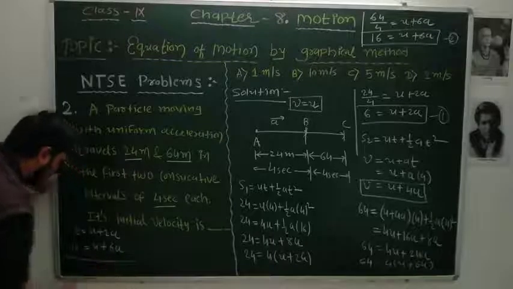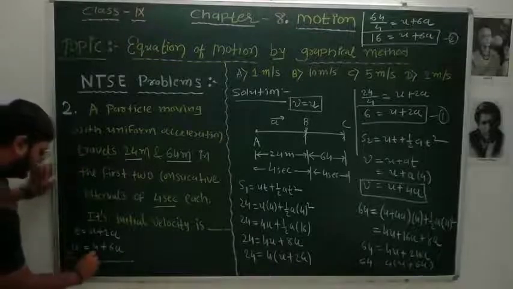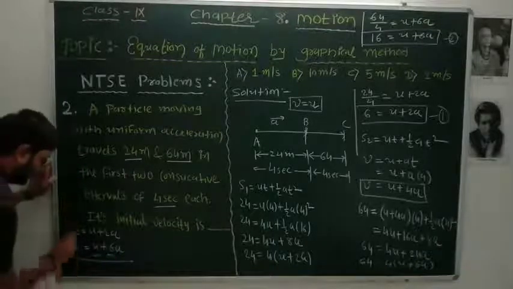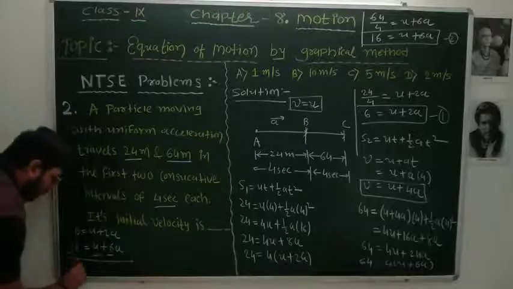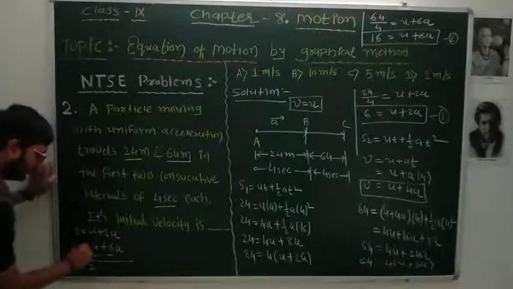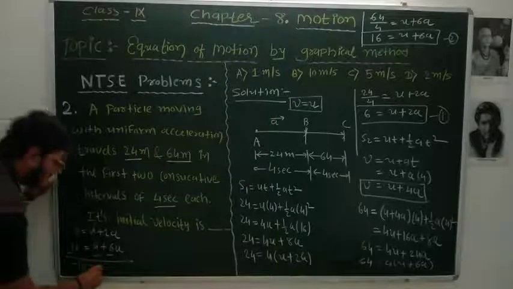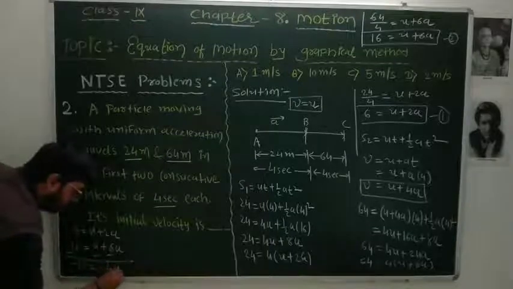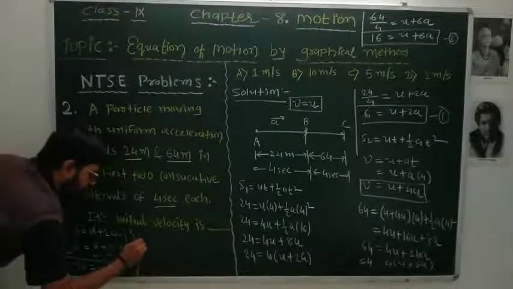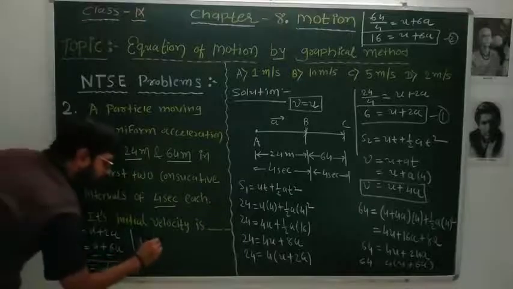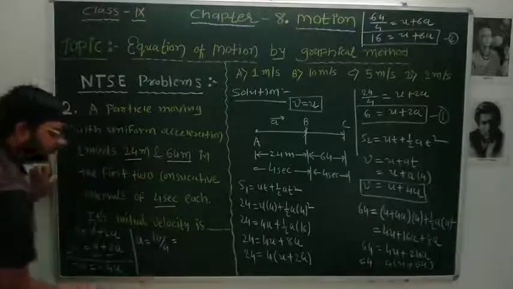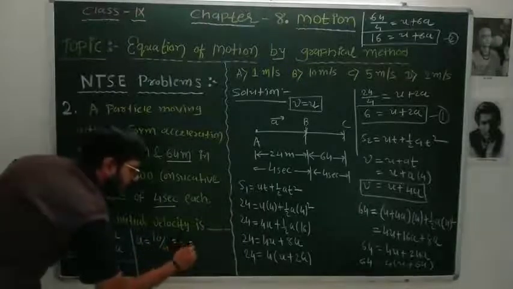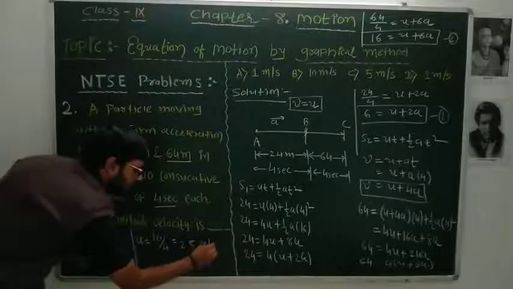We subtract these two equations. So here 6 minus 16 is minus 10, u cancels out, and 2a minus 6a is minus 4a. So here we get a is equal to 10 by 4, which is 2.5 meter per second square.